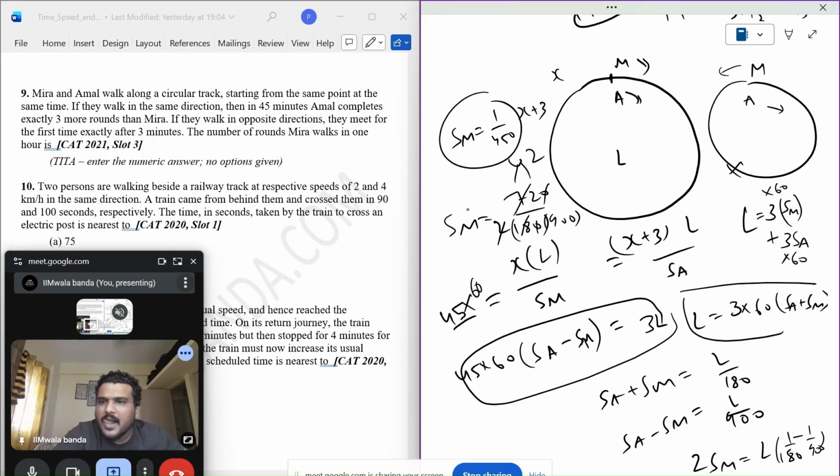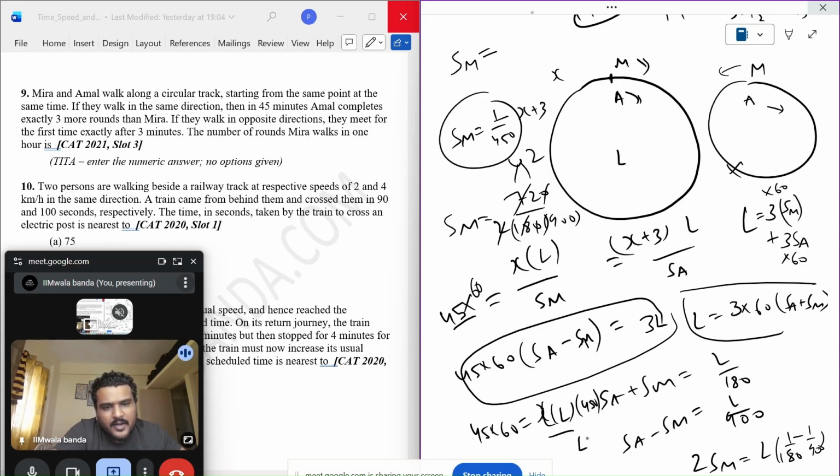Can I use this equation? 45 into 60, x into L, and this is SM is L upon 450. So x is 6. So can I say 6 rounds it has taken in 45 minutes?